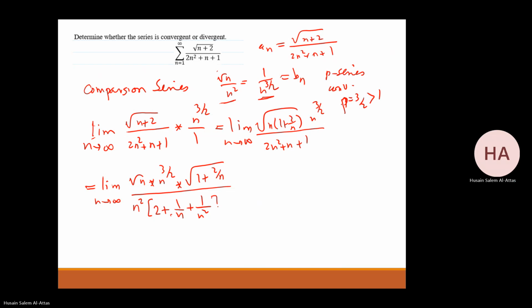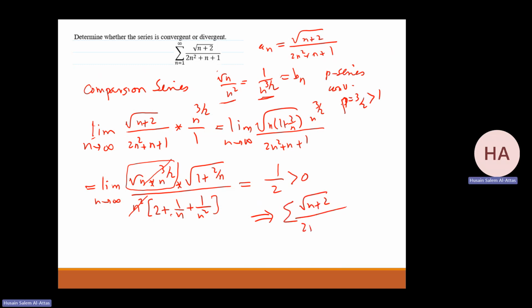Now this is n squared, so this cancels. Now do the limit. I have 1 over 2, positive. So both series converge or diverge together. I know this converges, so this series will converge, which is clear.